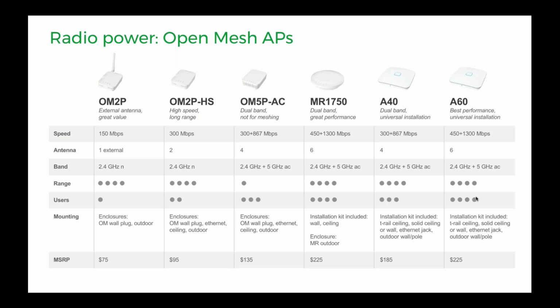But the general guidance is that the OM2P is the lowest capacity. You want to do a maximum of maybe 20 to 30 users on that one. On the OM2P HS, you can do about 20 to 40 users, depending on what traffic they're doing. If they're doing lots of video and high bandwidth things, it'd be on the lower end of that. The OM5P AC is about 30 to 50 users.